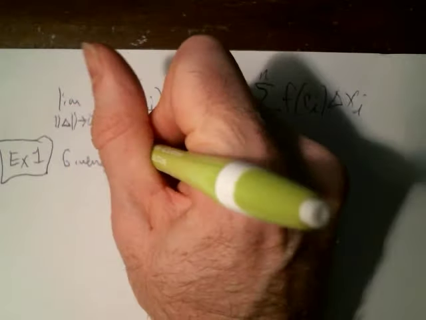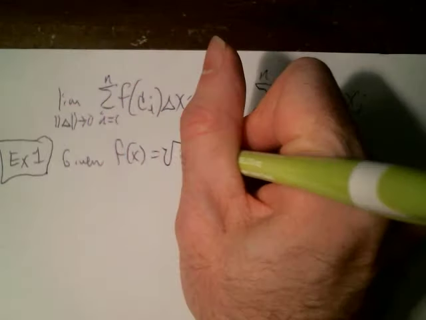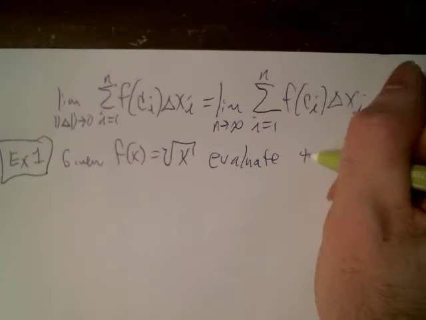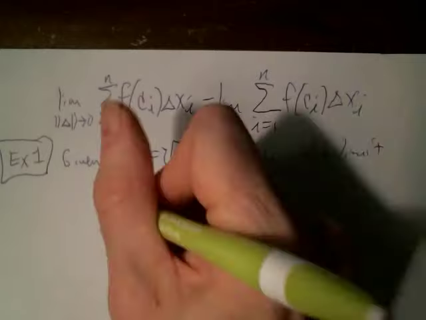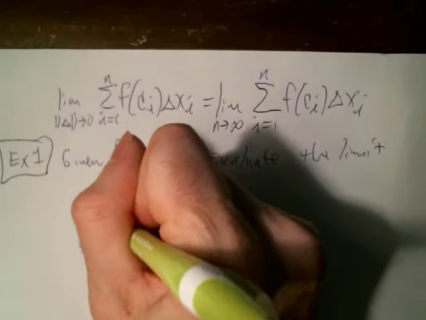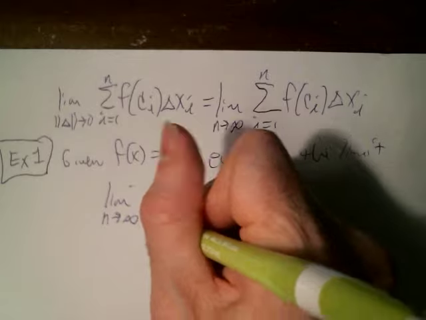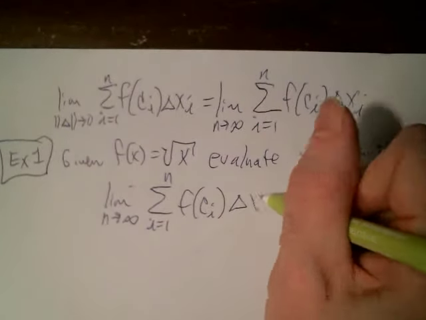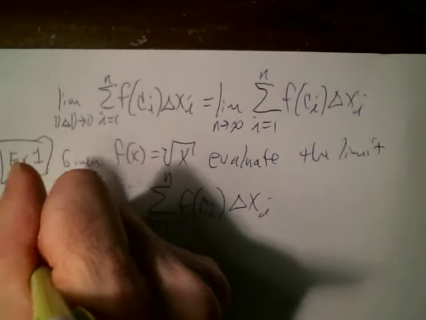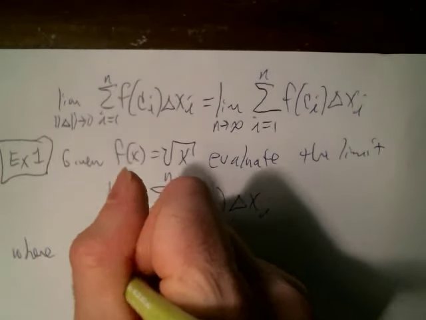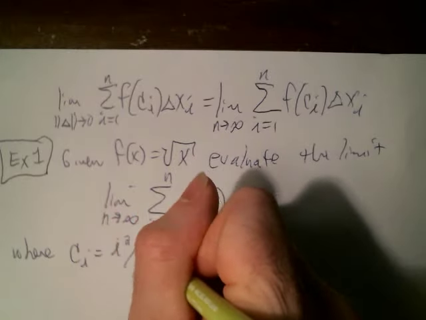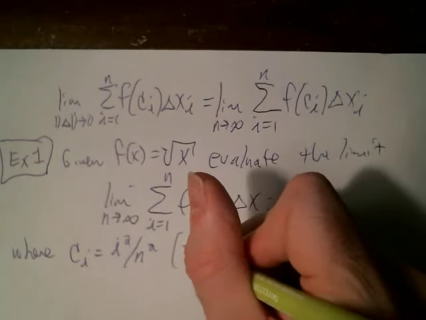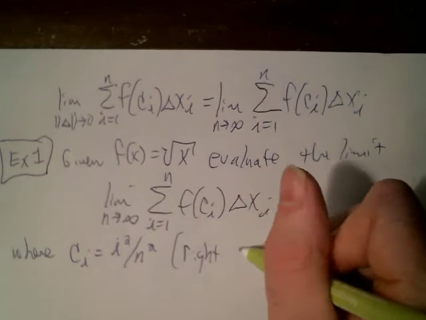We're given f of x, and we want to evaluate the limit as n goes to infinity of the sum from i equals 1 to n of f of c sub i times change in x sub i, where c sub i will equal i squared all over n squared. And we want to use right endpoints on this thing.